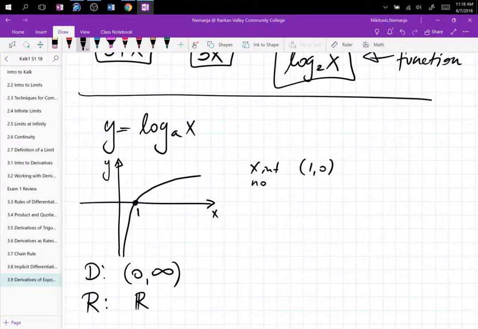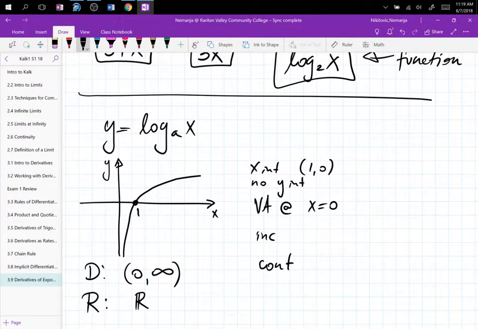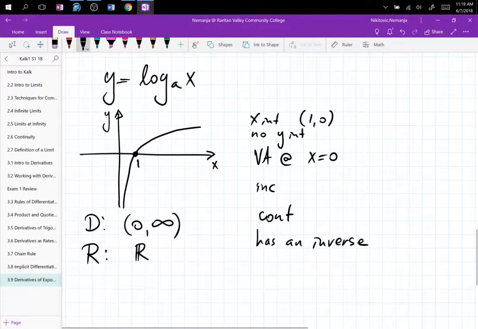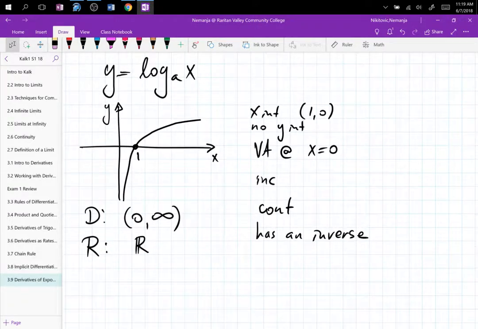We have no y-intercept. There is the vertical asymptote at x equals 0. Function is increasing. Function is continuous. Function has an inverse. So all of these specs that you actually learn in your pre-Calculus 1 course, these are the specifications for a logarithmic function.